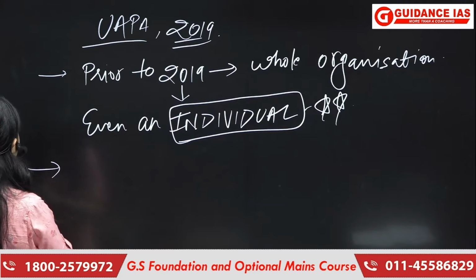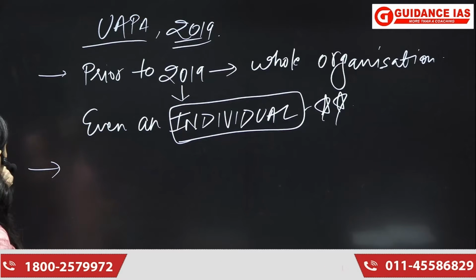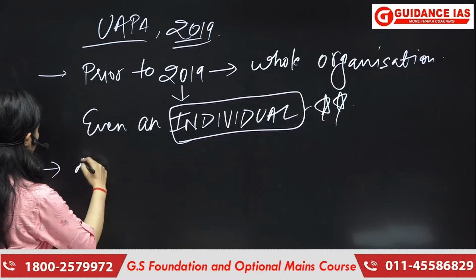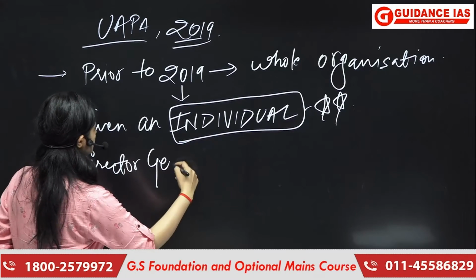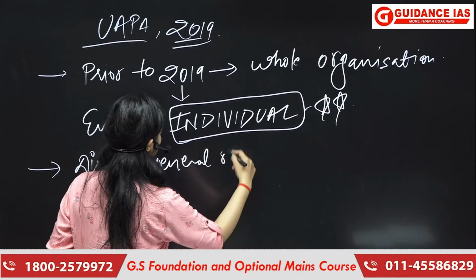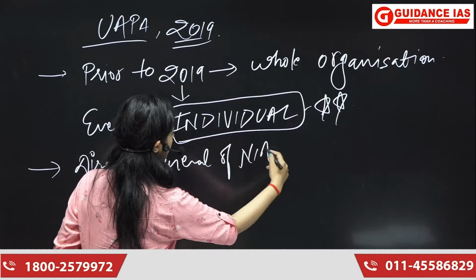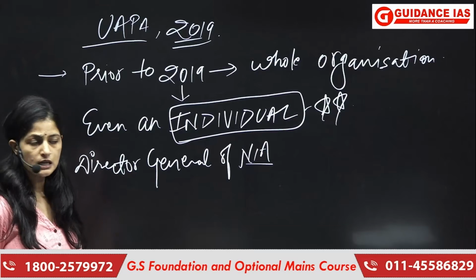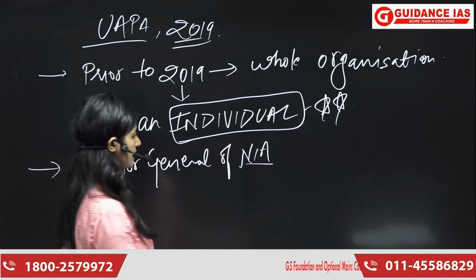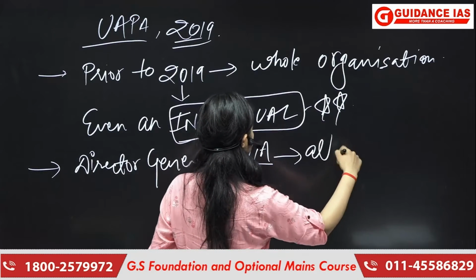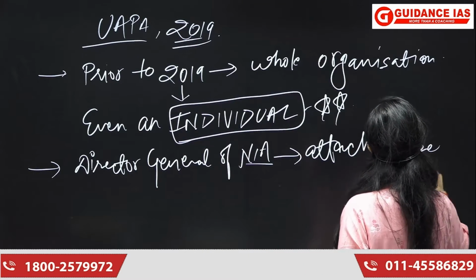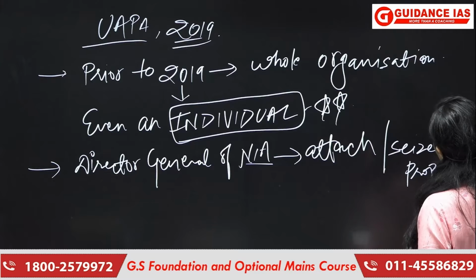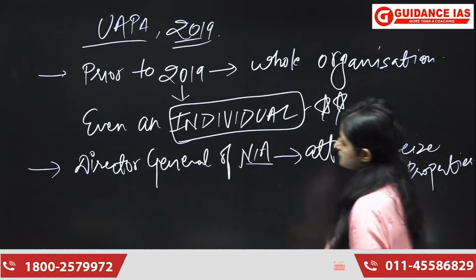Then the next important amendment was about the Director General of NIA. You all must have heard of this body, the National Investigation Agency. So the Director General of NIA was given charge that he can attach or seize properties under this act.